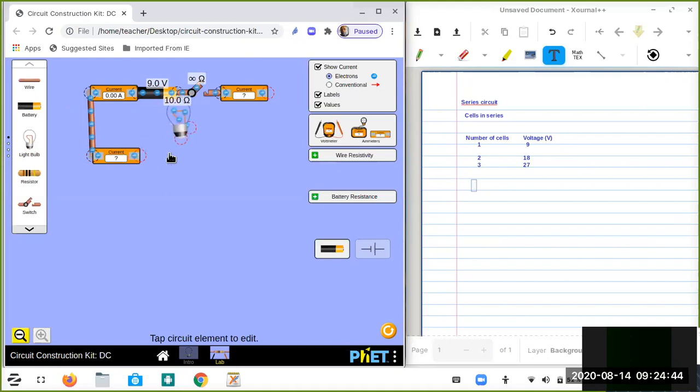Oh, my bulb is not properly positioned. Right, there we go.